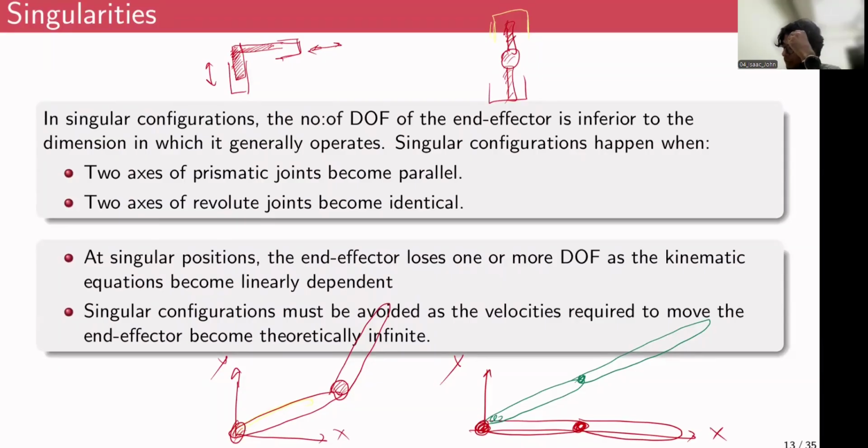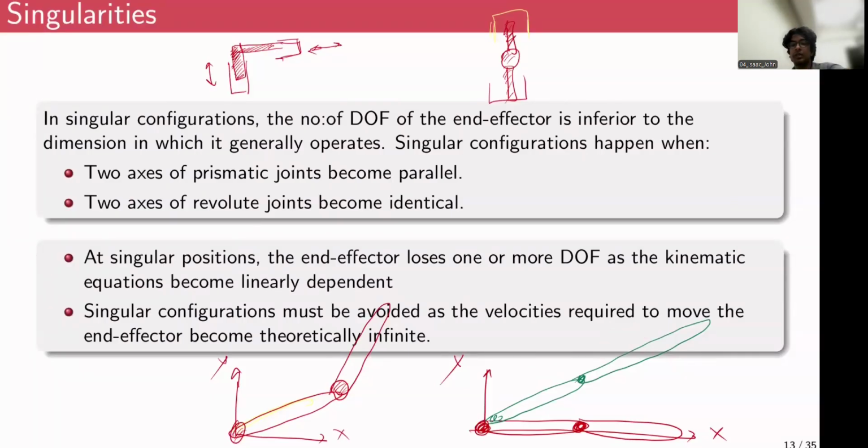Identical in the sense, if the two links are aligned in a straight line. Here you can see they are not aligned, right? They are at an angle. There is a relative orientation between the first link and the second link. But here, both of the links are aligned along a straight line. There is no relative orientation between link 1 and link 2, right?